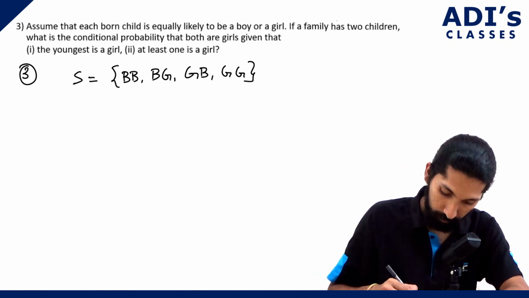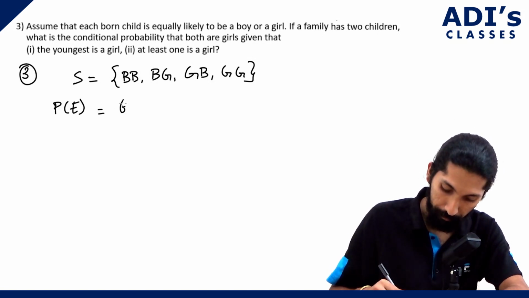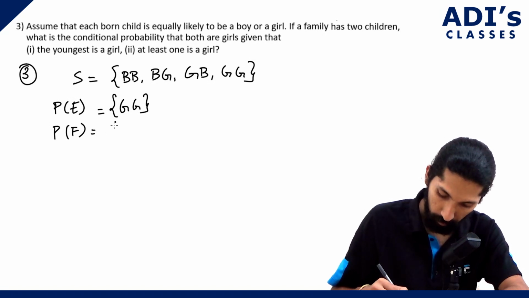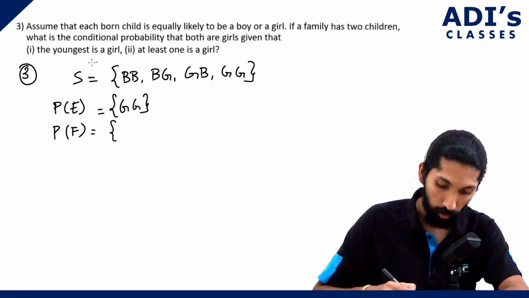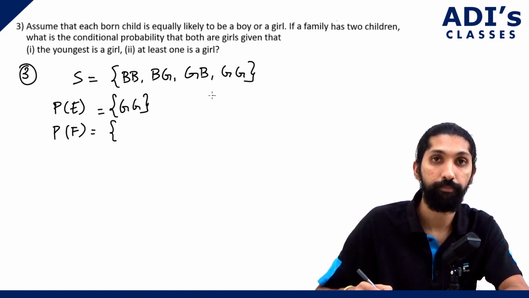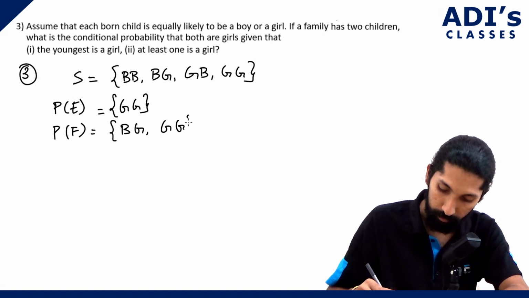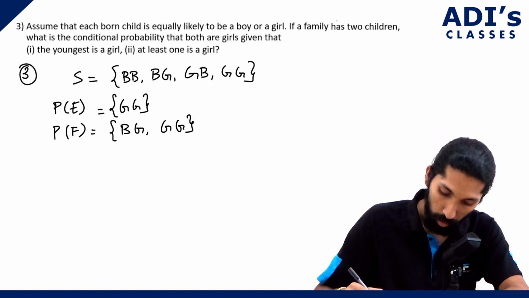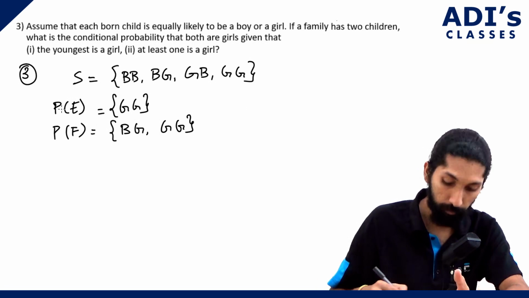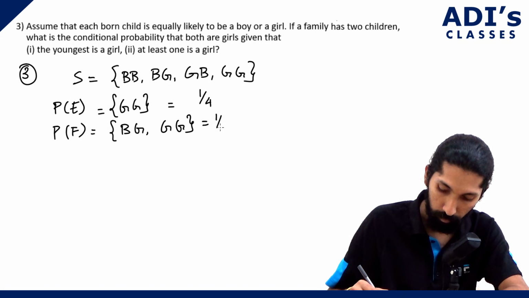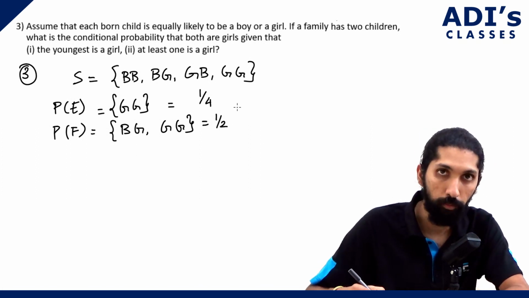So the conditional probability that both are girls, given that the youngest is a girl. Let's say E is that both of them are girls. Now, F is what? We have the youngest to be a girl. So here we have BG and then we have GG. So P of E is 1 out of 4 and P of F is going to be 1 out of 2, because 2 out of 4 is 1 out of 2.